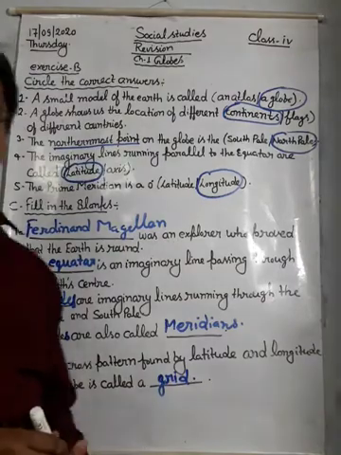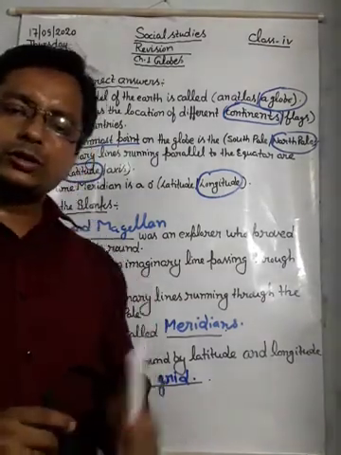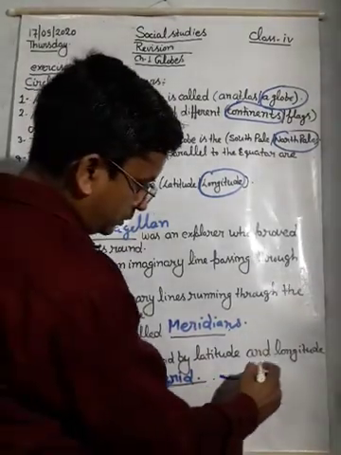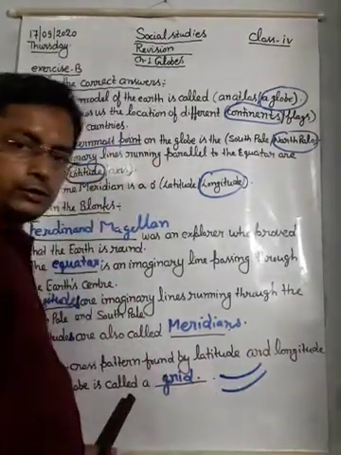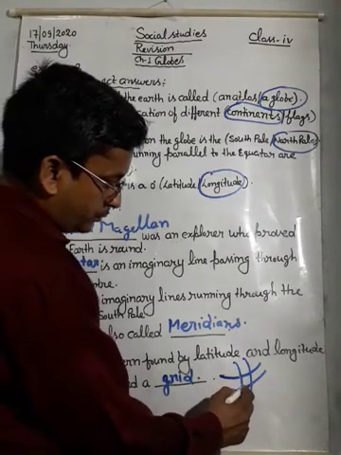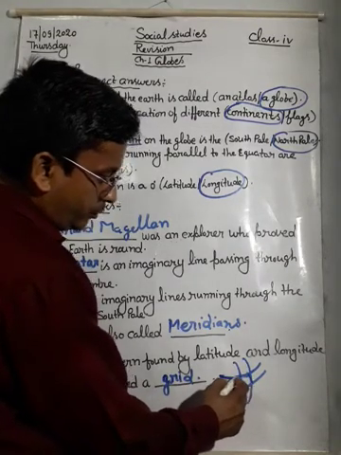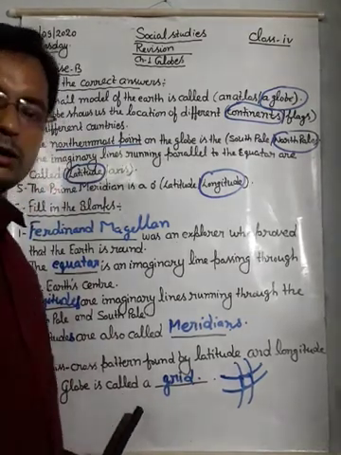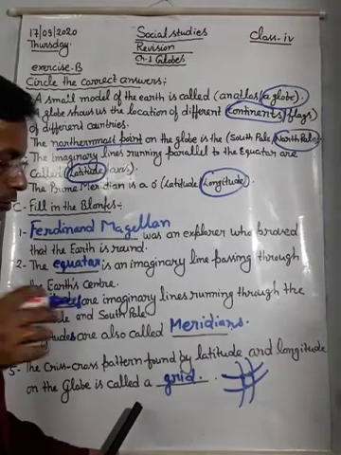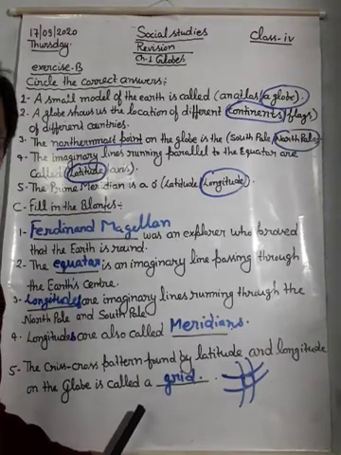Crisscross means, just for example, this is latitude and this is longitude. This square shape is formed by the crisscross pattern of latitude and longitude. So this crisscross pattern is called a grid.